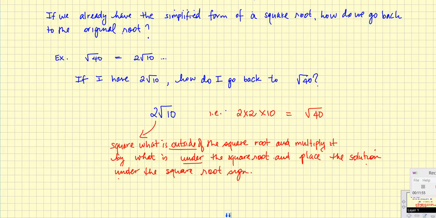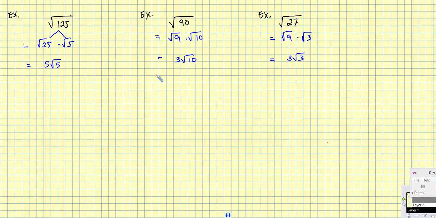Okay. Now, if I know what my simplified form is, how can I check to see if I did the correct simplification? Well, it's really quite simple. Let's work our way backwards here. Let's take 5 root 5 and check to see if it's actually the simplified form of root 125.